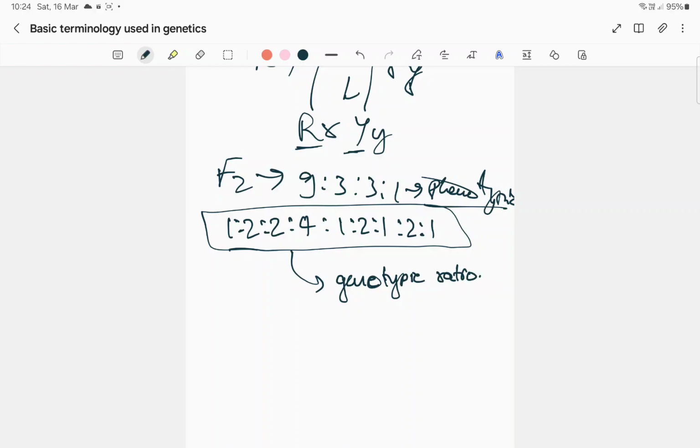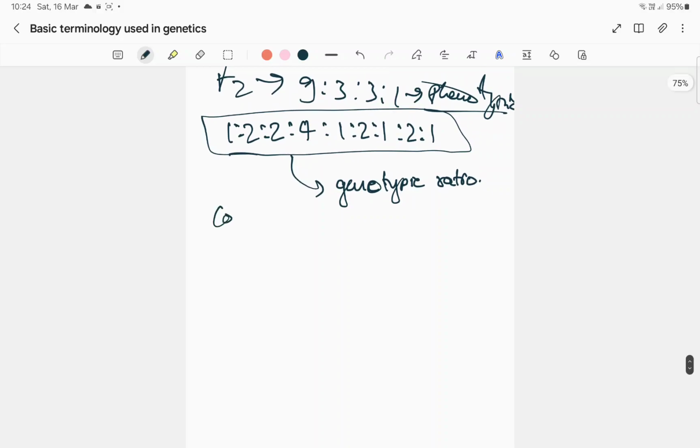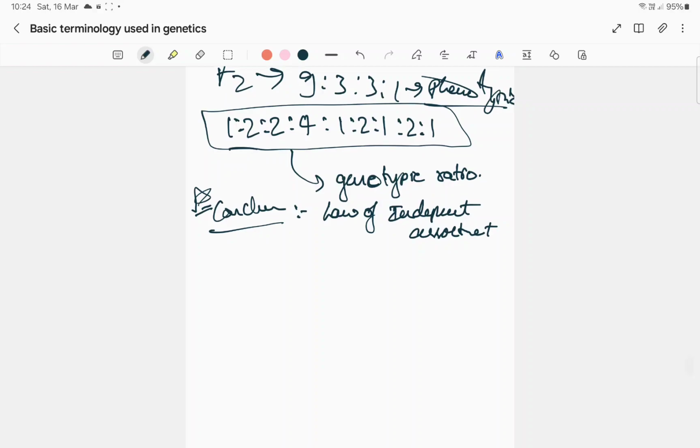The conclusion we get from a dihybrid cross is the law of independent assortment. This is the important point to be remembered.